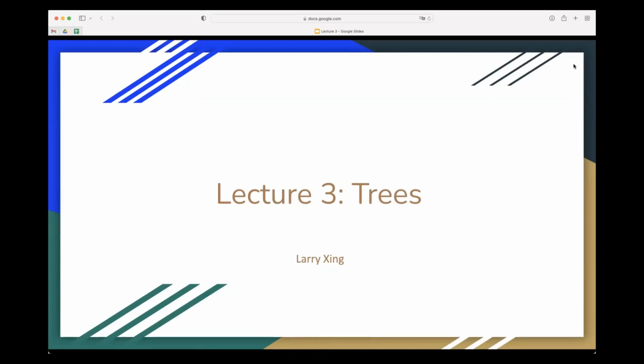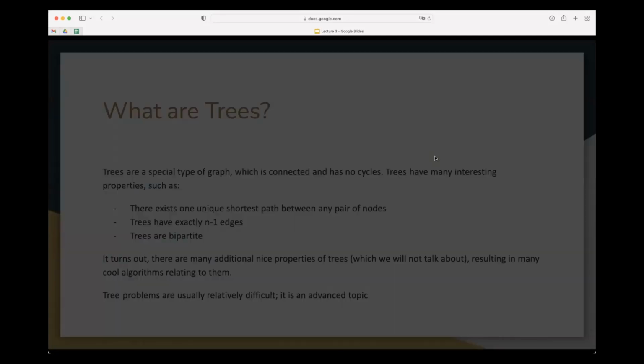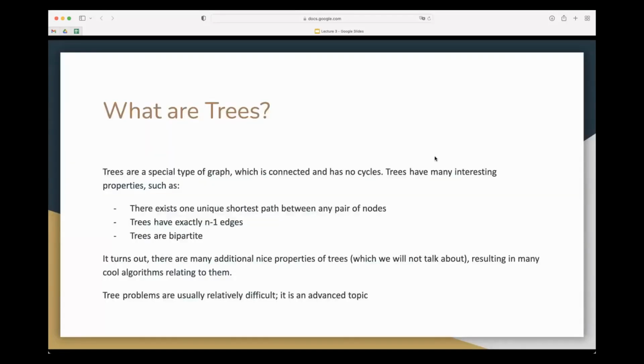But today we're going to talk about trees, some basic properties of trees, how to essentially solve tree problems, and a special tip about trees. So, trees. What are trees? Well, trees are a special type of graph. A tree has to be connected and has no cycles.